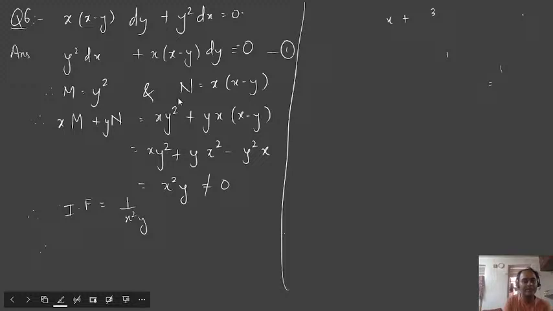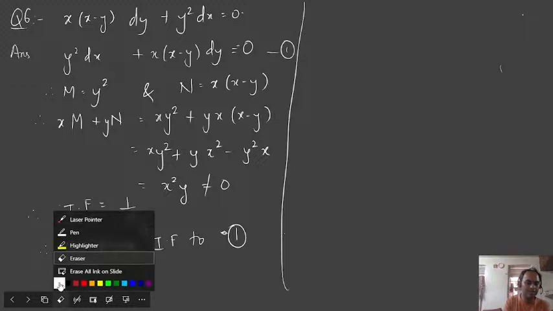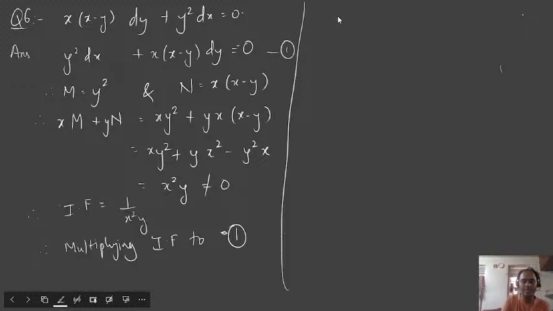The moment you multiply this, you get x minus y over x square y dy.